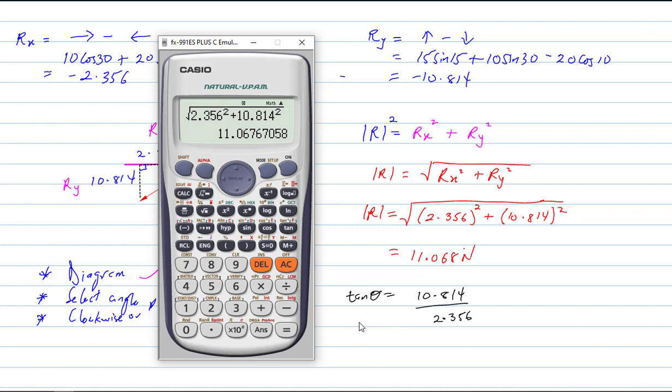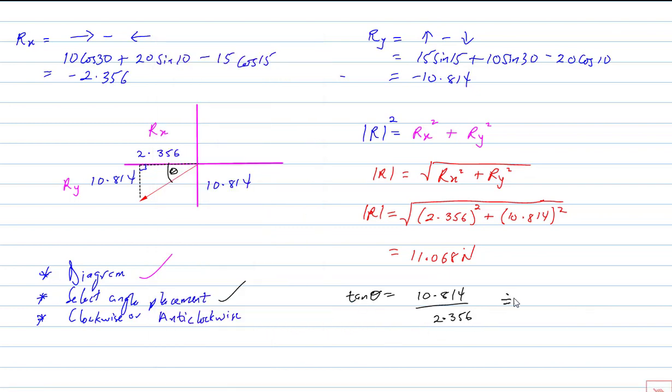So let's go on to find theta. This implies that theta is equal to the arctan, or let's say tan inverse, of 10.814 divided by 2.356.